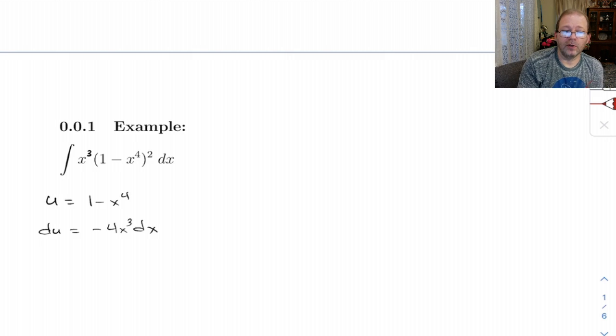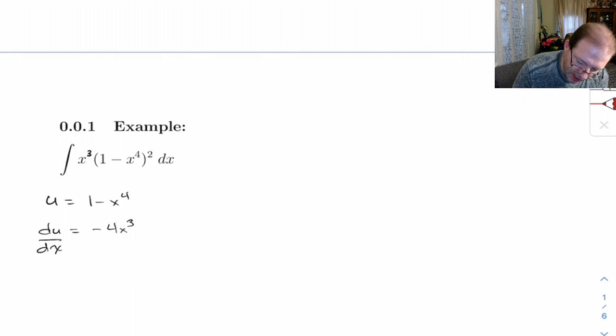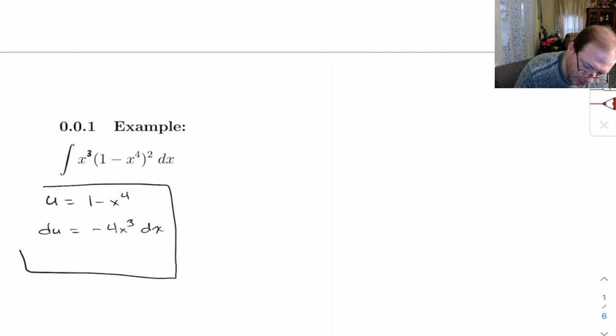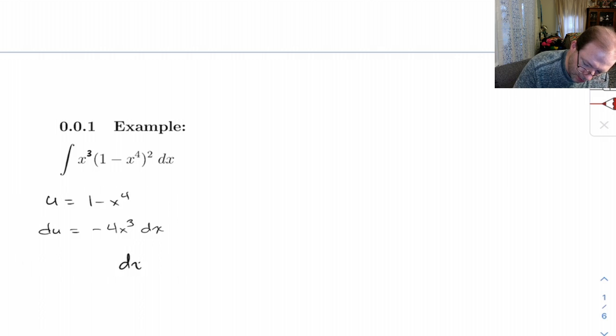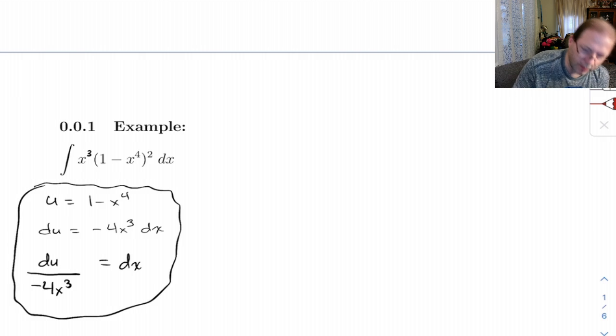That dx is important. And remember, this is just like saying du dx is equal to that, and then multiplying both sides by dx. Okay, the next thing I want to do is solve this for dx. Dx then is du over minus 4x cubed. I'm going to put that in a box because that's all my substitution stuff.